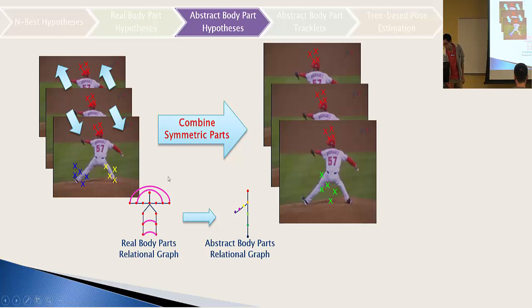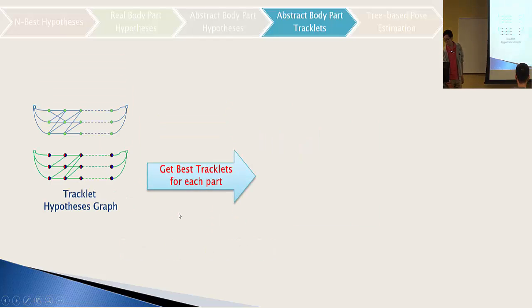And the conversion for the graph is from this very completed graph to this tree, and we call it abstract body parts relational graph.